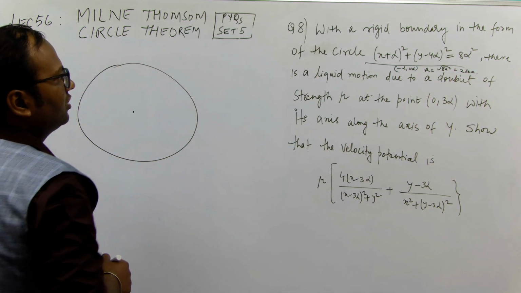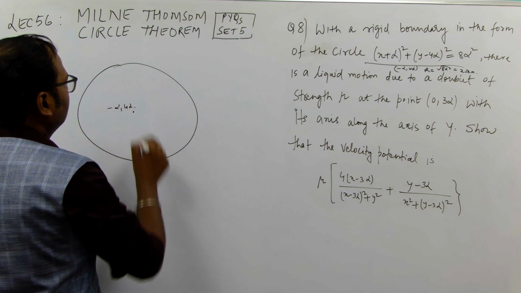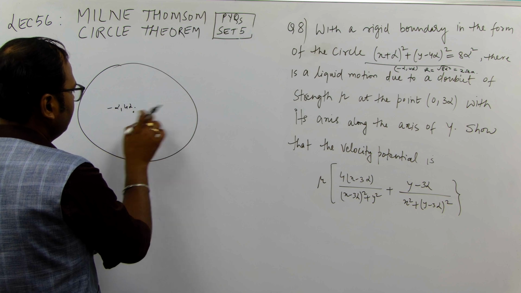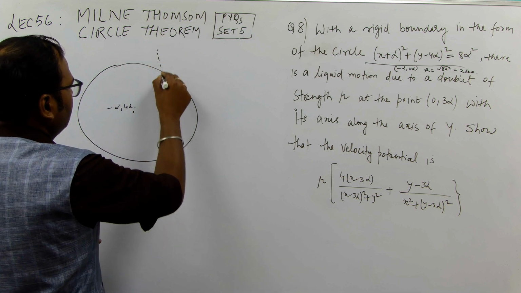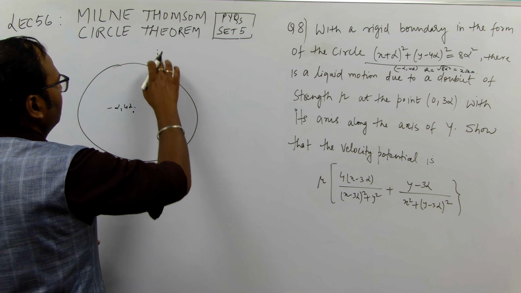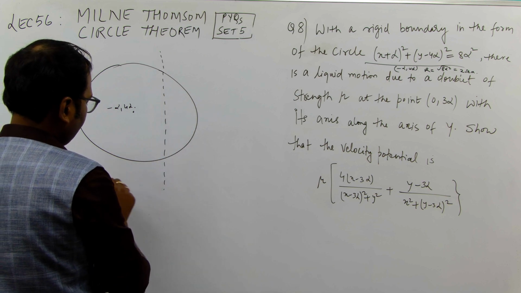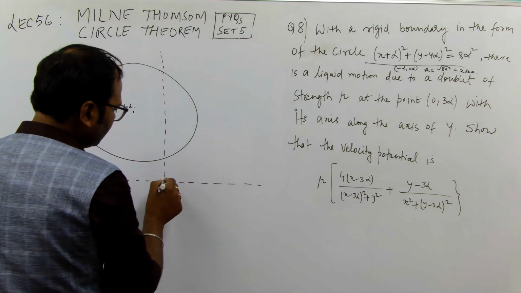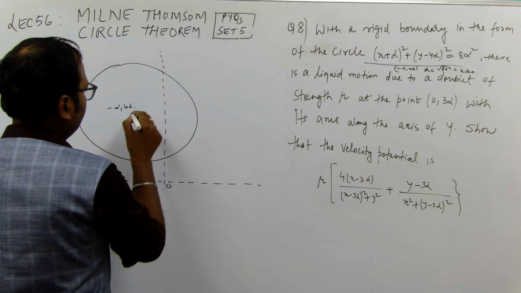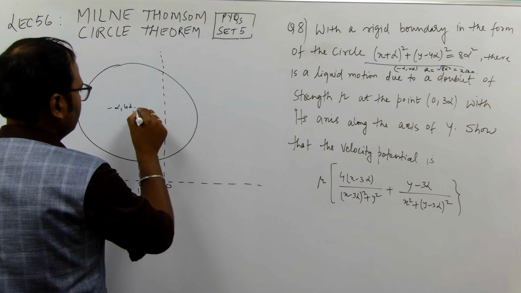The center is at a distance of alpha from the y axis. This is our origin, this distance is alpha, and this distance is 4 alpha.